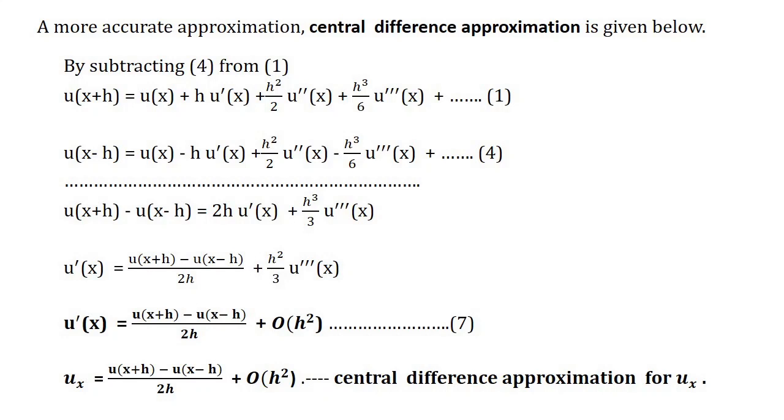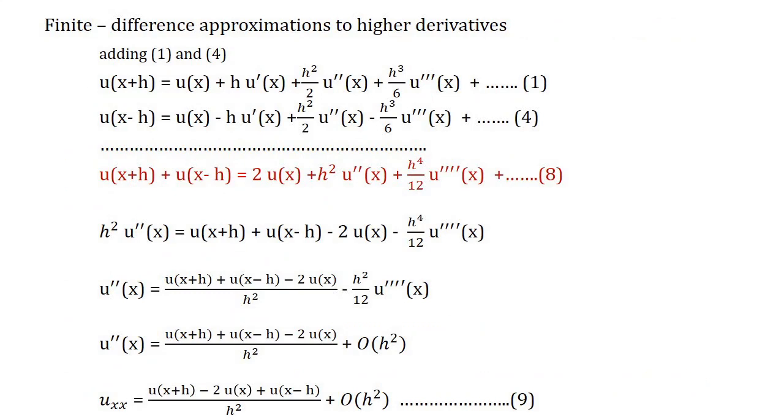This is a second order approximation since the truncation error is of the order of h squared. In a similar manner, it is possible to derive finite difference approximations to higher derivatives like u_xx, u_yy, and so on.